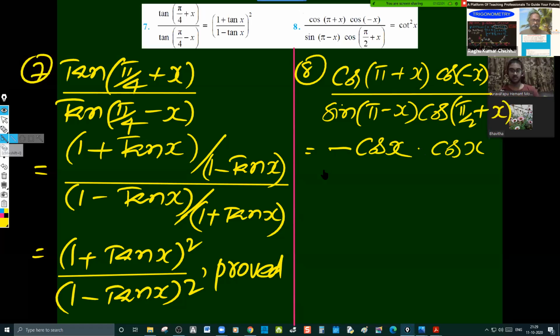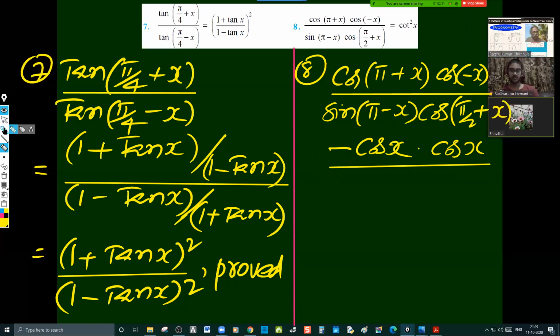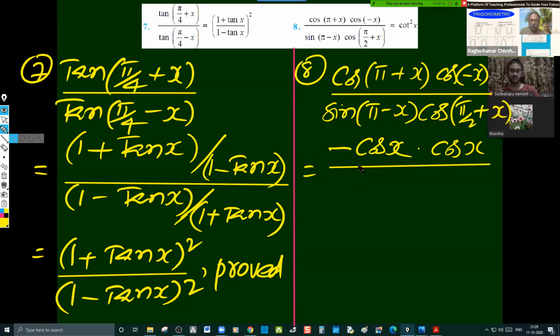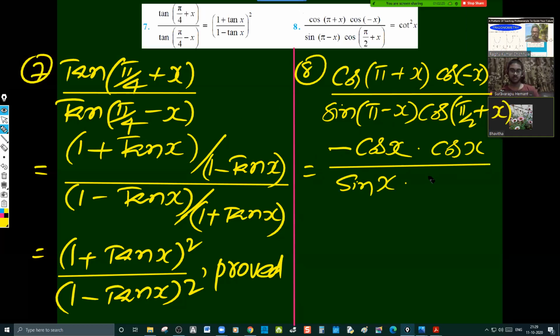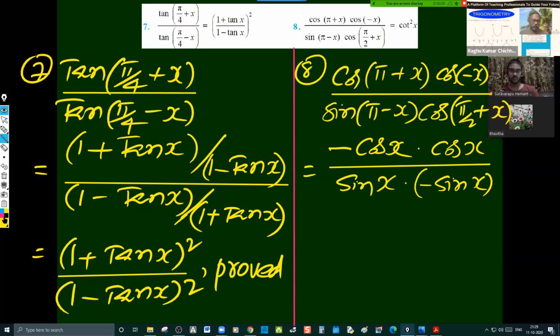Whole divided by sine of 180 minus theta, that is sin x, and cos of pi by 2 plus x, that is minus sin x. This minus is getting cancelled.